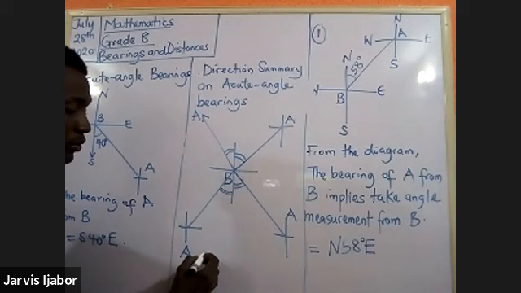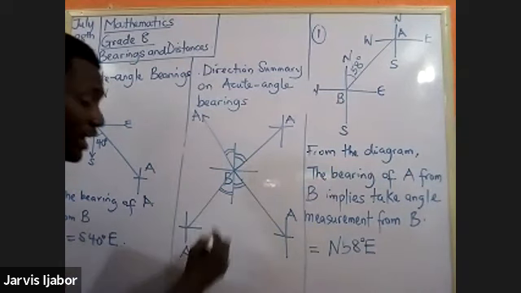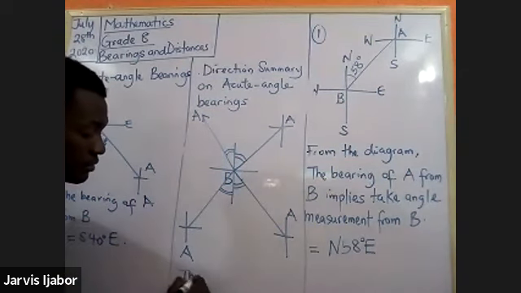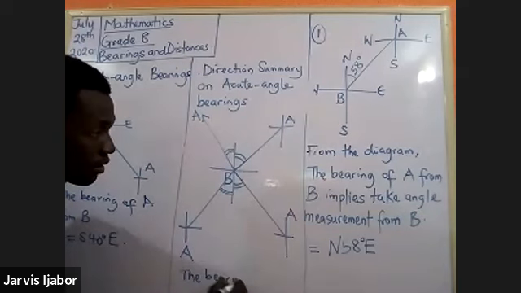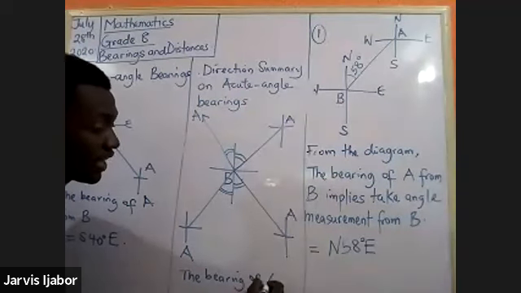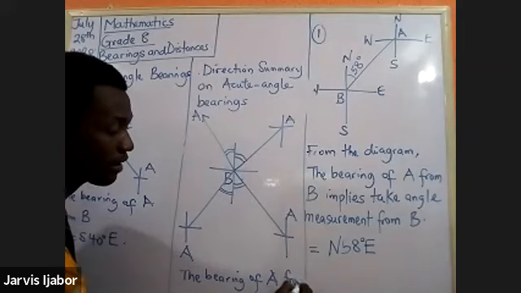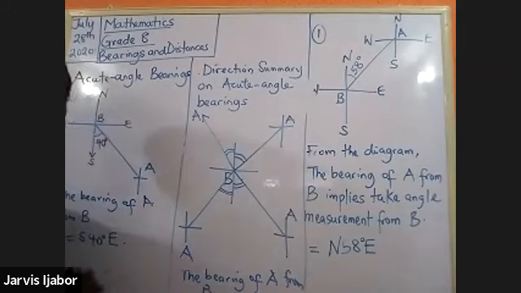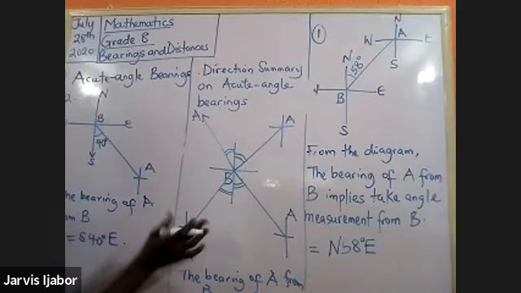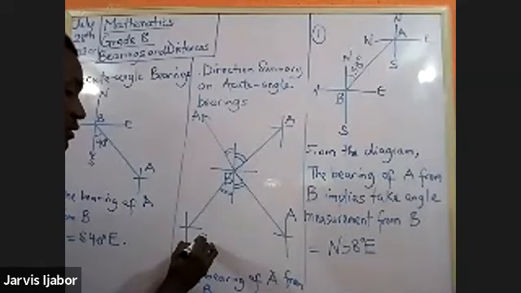Remember now that we are looking for the bearing of A from B. That's what we're looking for. So for this one, the bearing will be south.